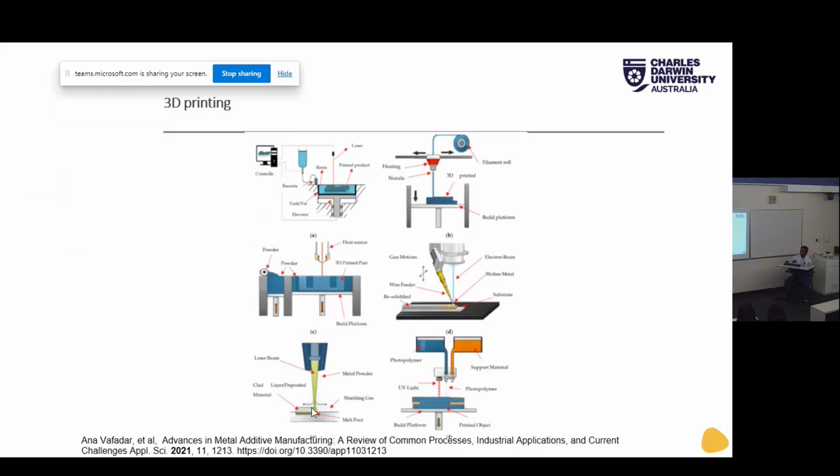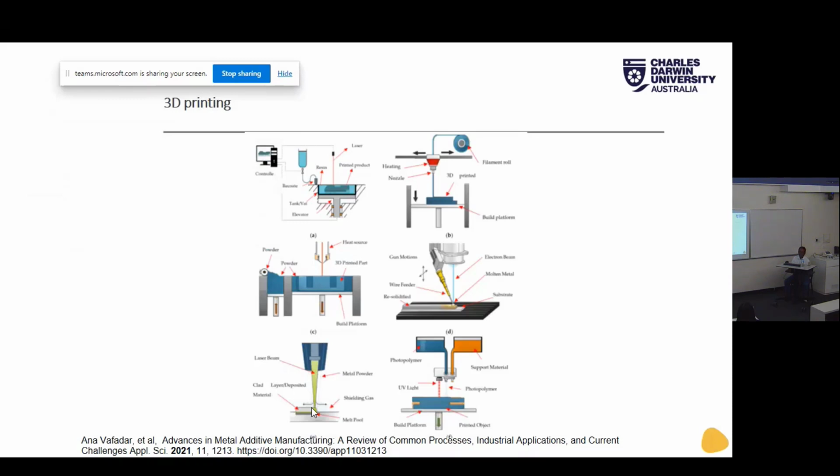So layer by layer, the depth of penetration would be only a few thousandth of a millimeter, you think? Yeah, that's all it'll be. So the powders themselves are only about 50 micron in size.